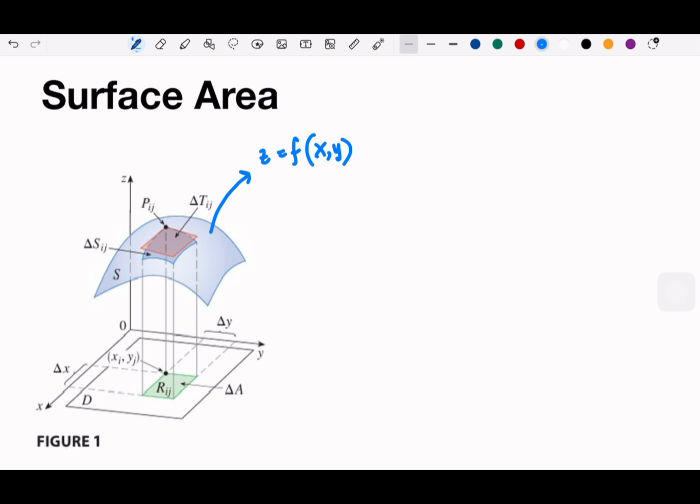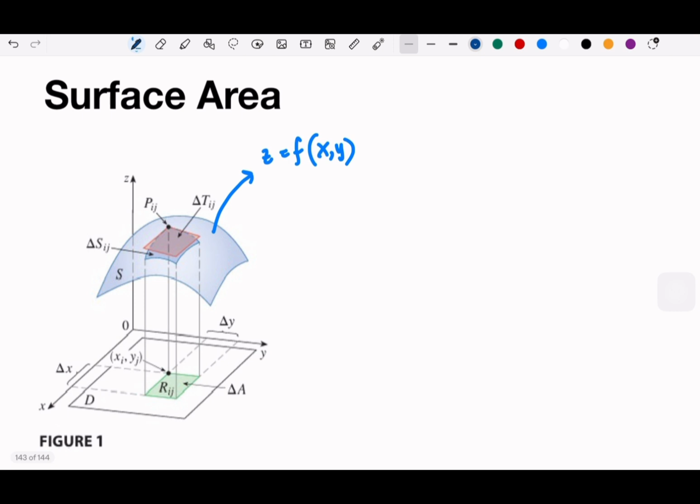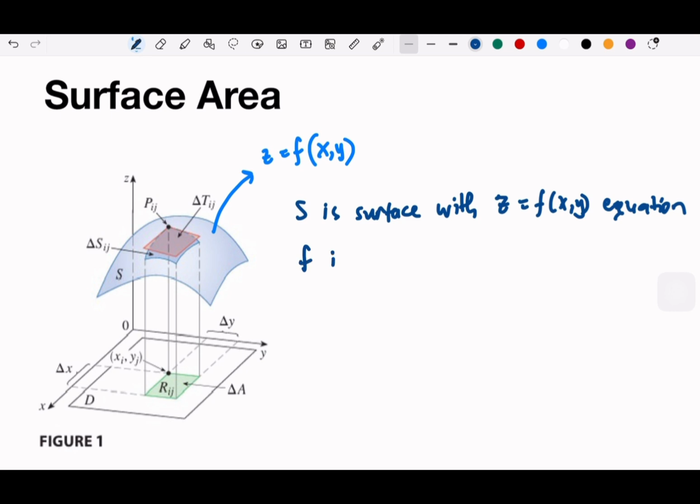And suppose that S is a surface with this equation, and f is defined and has continuous partial derivatives.